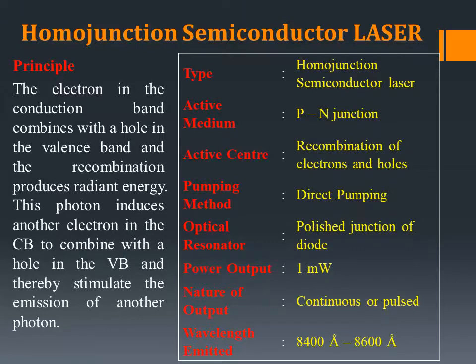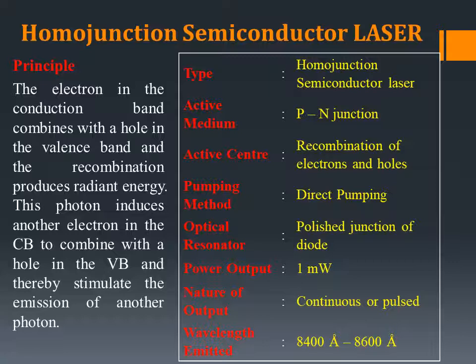The characteristics are: the type of laser we are seeing is the homojunction semiconductor laser. The active medium where laser action takes place is the PN junction, and the active center is the recombination of electrons and holes.